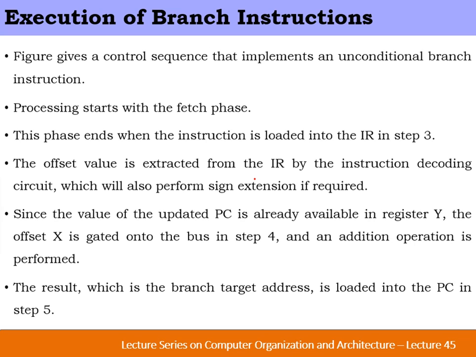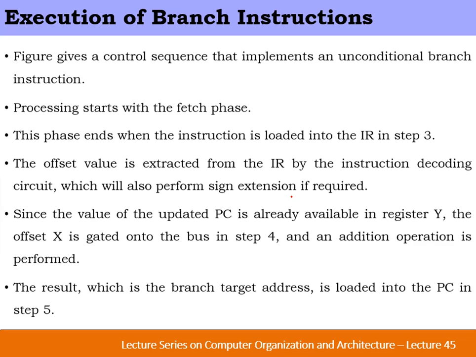If it is a branch instruction, then the offset value needs to be extracted from the IR register. The offset value is extracted from the IR by the instruction decoding circuit, which is also going to perform the sign extension if required, depending upon the size of the register.